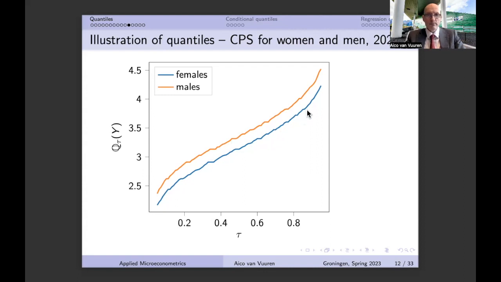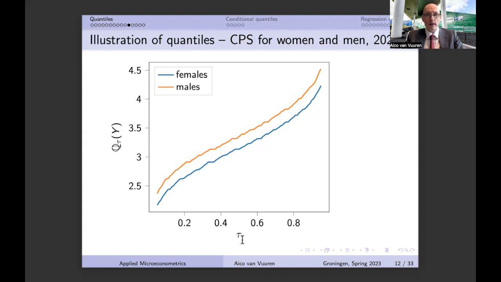Well, based on this, we see a number of different things. First of all, we see that for both males and females, the quantiles are upward sloping. This we usually call the quantile function with respect to the different levels of tau. It's upward sloping with respect to tau, both for males and females. We should realize that that's actually always true.